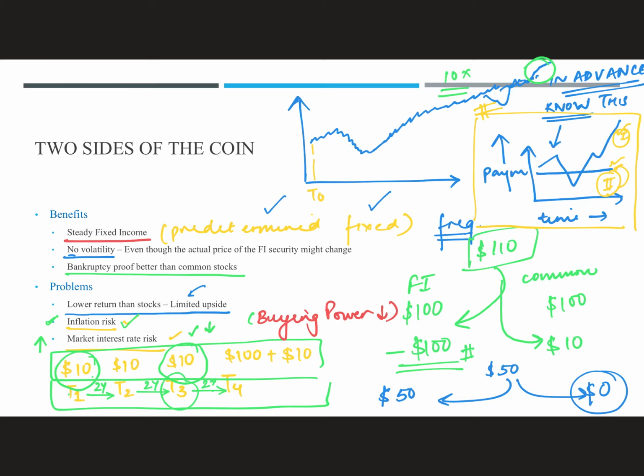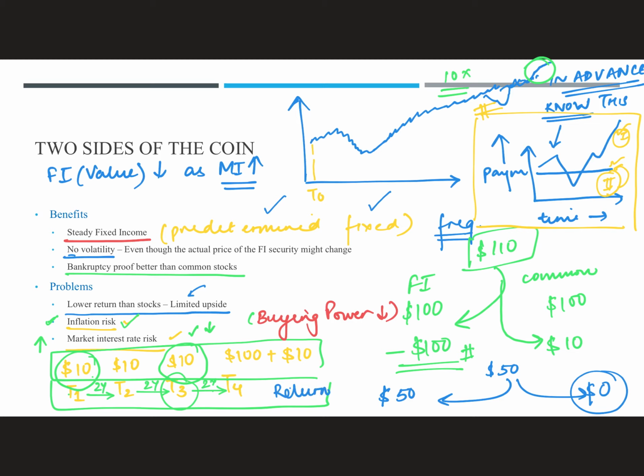Another problem, so to speak, with fixed income securities is that their value decreases as market interest rate increases. This happens only between the time when you bought the security and the time it matures. Now, why does this happen? Well, because you know the payment structure of these payments, you also know the return on these payments.